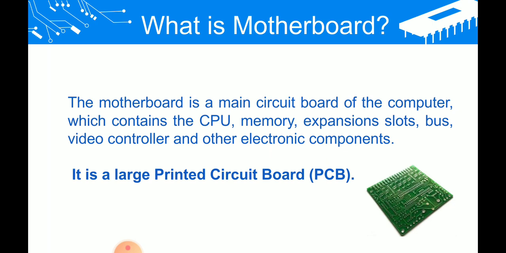You can see a printed circuit board or PCB in the picture. It is not a motherboard, but if CPU, memory, expansion slots, bus and other electronic components are mounted on it, then it is called a motherboard. So a motherboard is also a PCB in which all the electronic components are mounted or inserted.